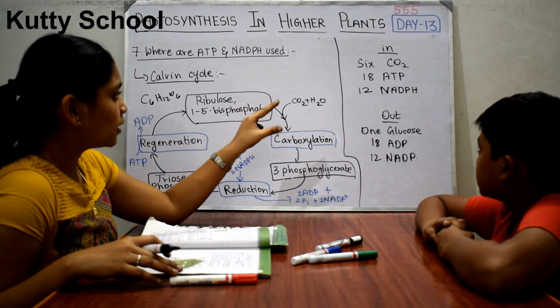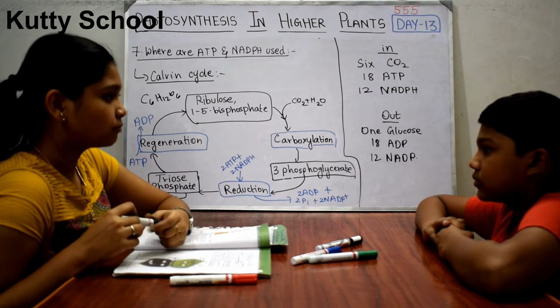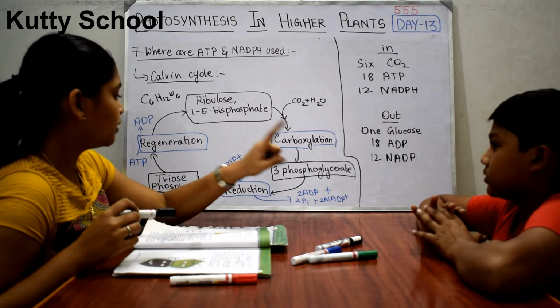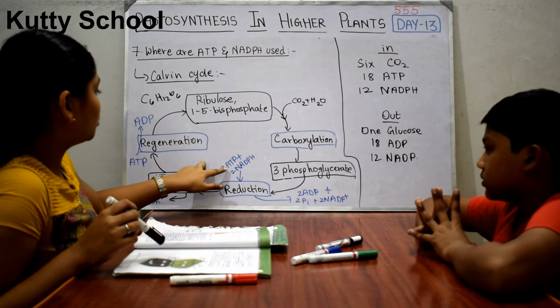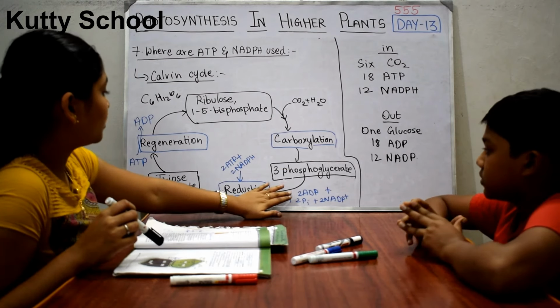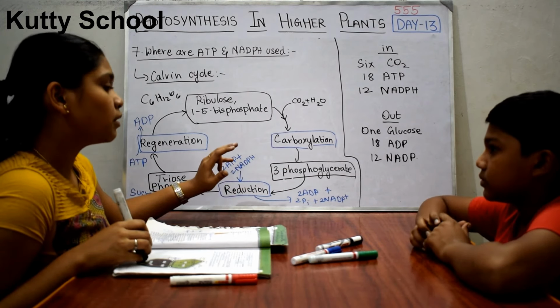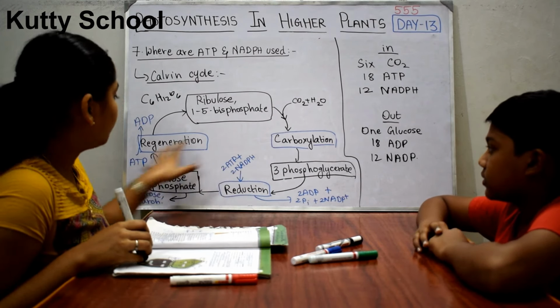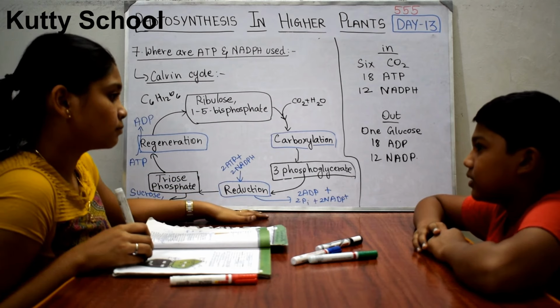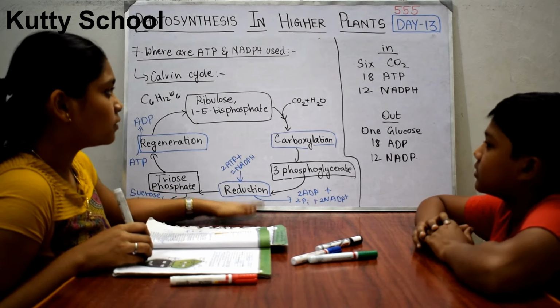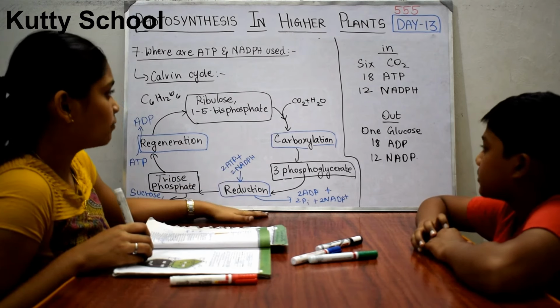For 6 carbon dioxide, how many ATPs are required? For 1 carbon dioxide, 3 ATPs are used to produce 3 ADP. So for 6 carbon dioxide, 3 into 6 is 18 ATP.